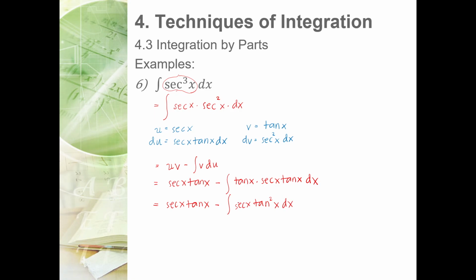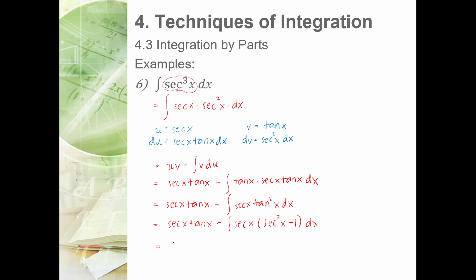So again, as per the formula, or rather as per type B, since m is even, we're going to apply the Pythagorean identity. So secant x tangent x minus the integral of secant x times secant squared x minus 1 dx.